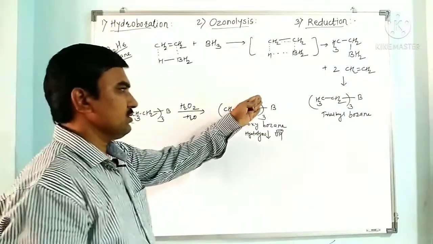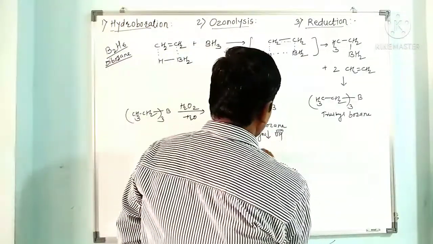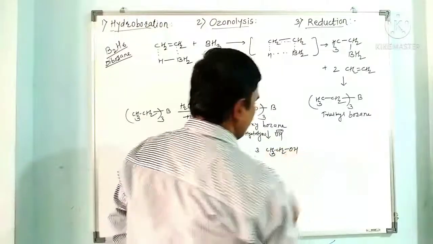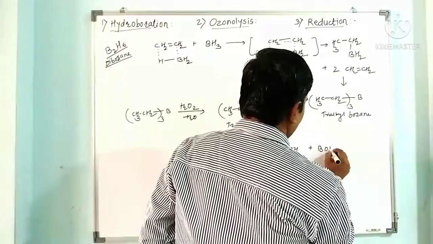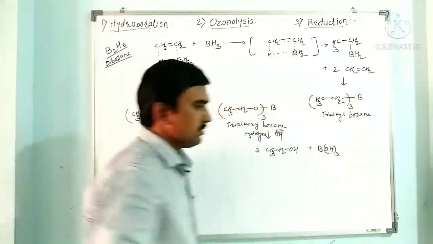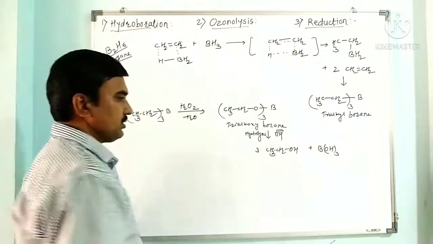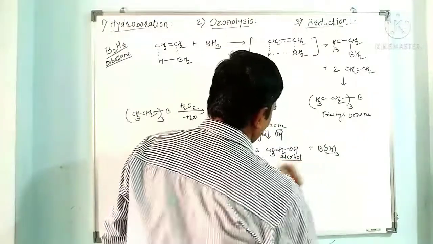So here it undergoes addition of H and OH. So we get 3 moles of CH3CH2OH, that is alcohol, plus B(OH)3. So boric acid is lost as a byproduct and we get alcohol as a product.